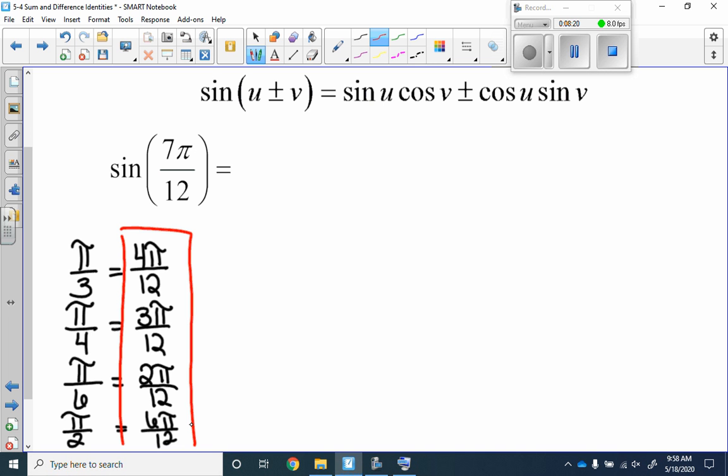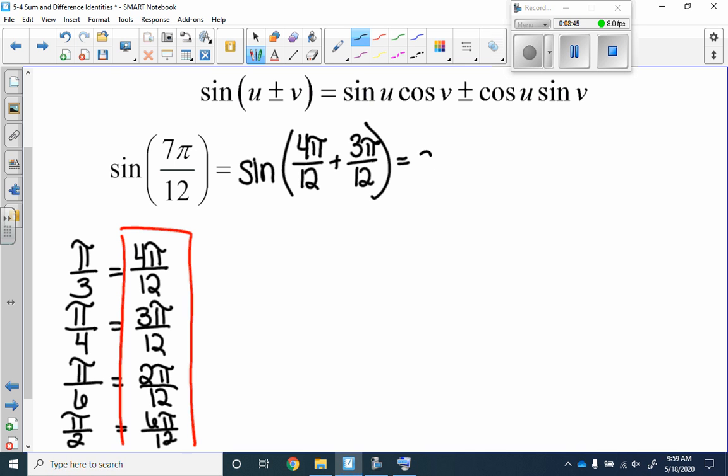But what I'm going to look to see here is, can I use these values right here to help me get to 7 pi over 12? And what would work is if I were to take the sine of 4 pi over 12 plus 3 pi over 12.